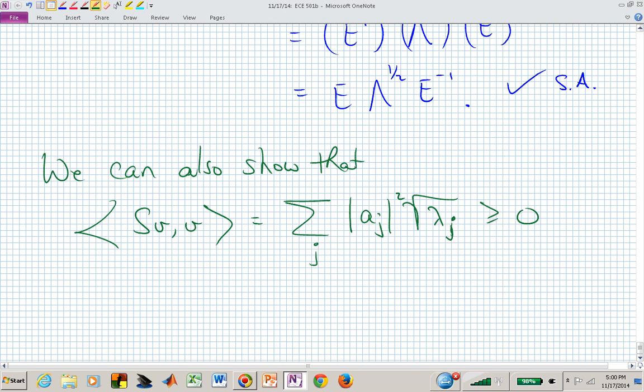This is the second half of our demonstration or definition that S is positive.